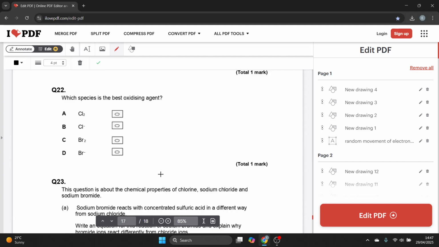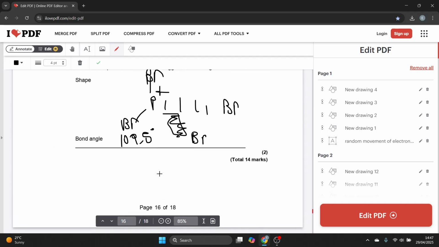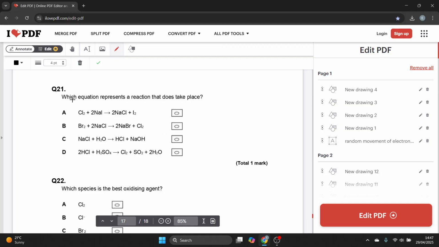Which equation represents a reaction that does take place? Okay. Chlorine and iodine. Well, iodine is further down the group than chlorine, so it will displace it. So yeah, that is the correct answer. But let's have a look at the rest of them first. Bromine and chlorine.